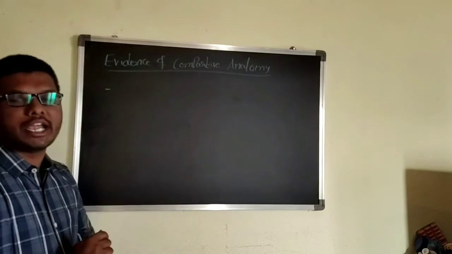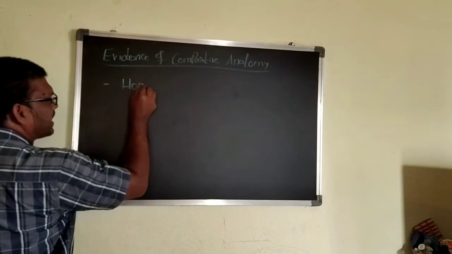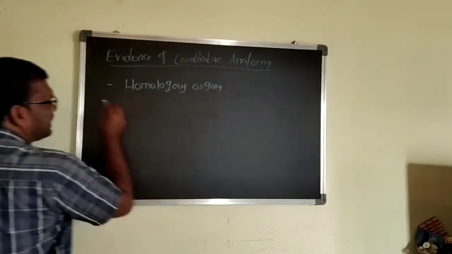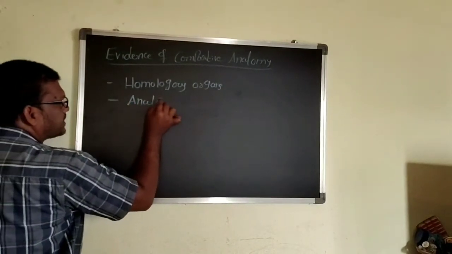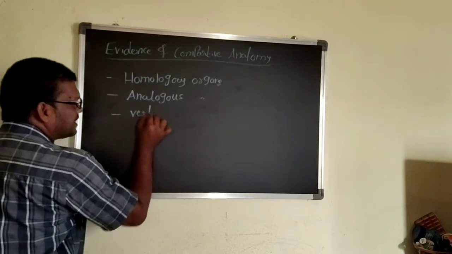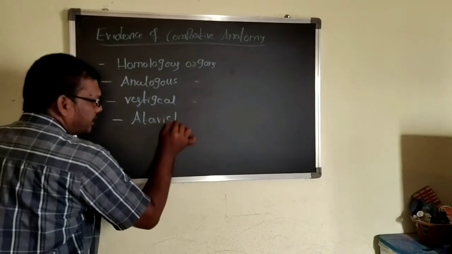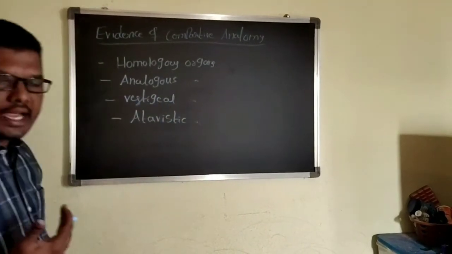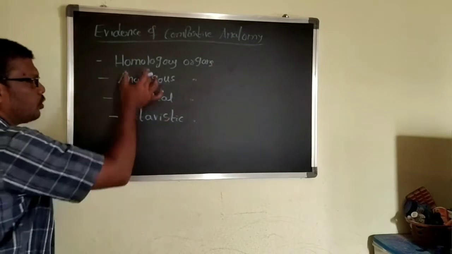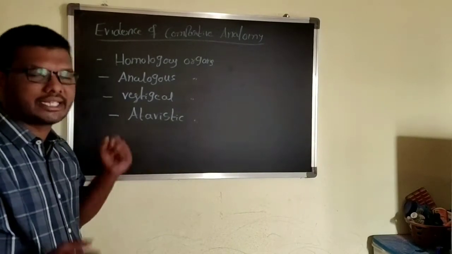Based upon the study of this relationship, the organs are classified into homologous organs, analogous organs, vestigial organs, and atavistic organs.